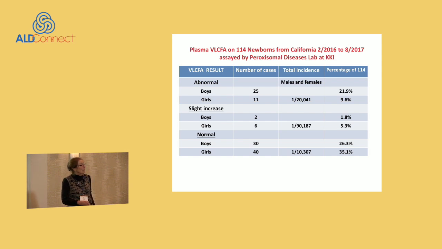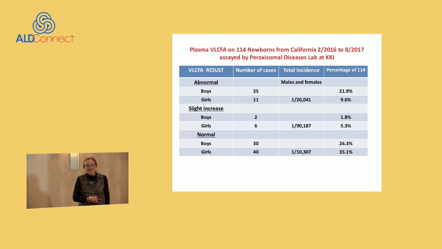But that added a little bit of percentage uptick here. However, we found normal results in 30 boys and 40 girls. So these are not ALD as we know it. And these may be, we're not sure. But the abnormal also includes the Zellweger spectrum disorders.